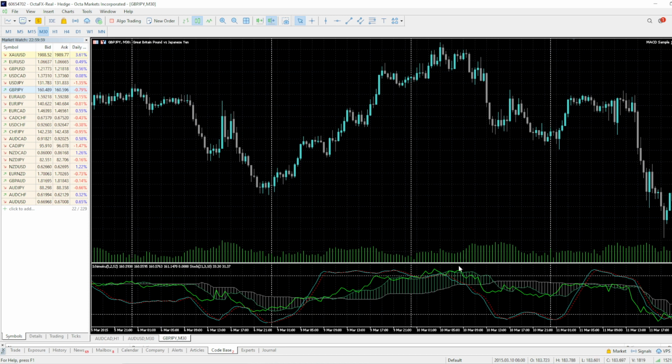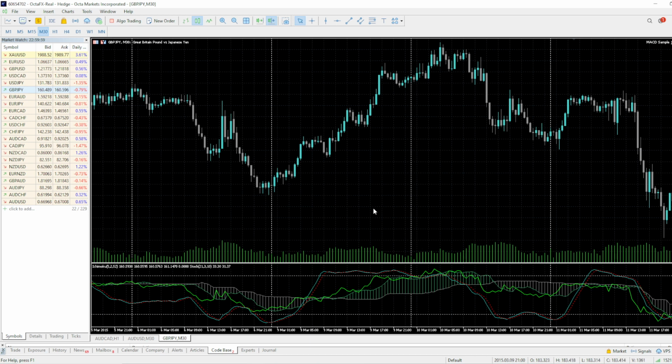It's so easy and simple. Most people want to catch the high of the day and the low of the day. Keep this in mind: trade only the high of the day and the low of the day.